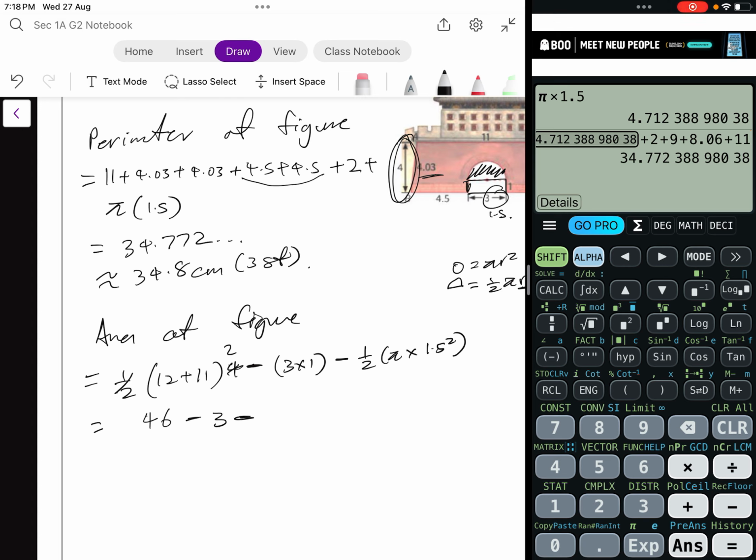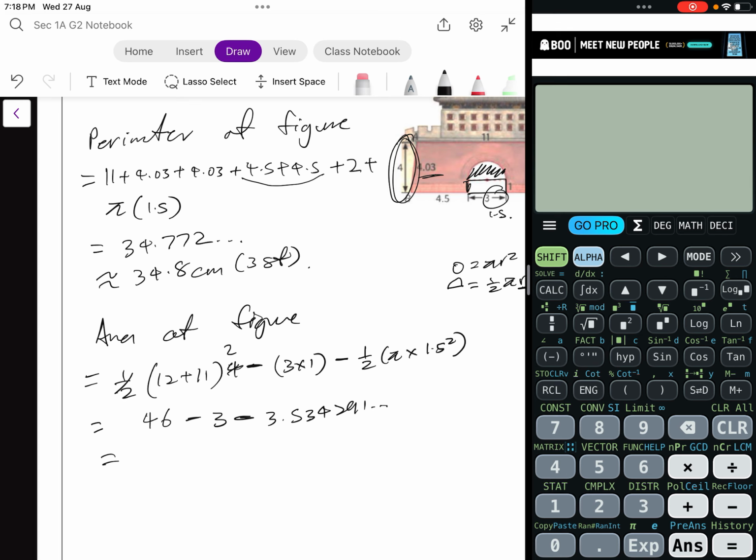Then we minus away this one, which is 1.5 squared times pi times 0.5, which is 3.534291 something.